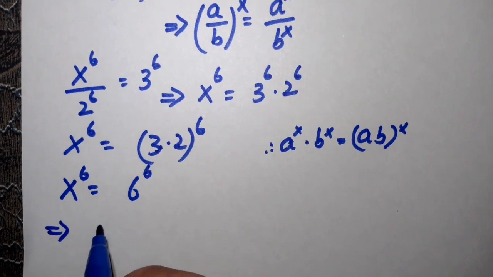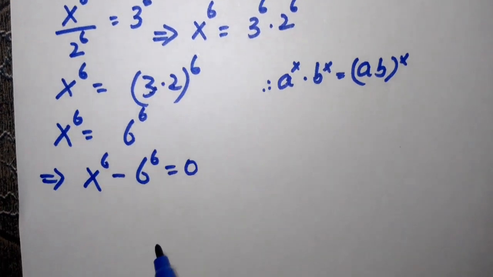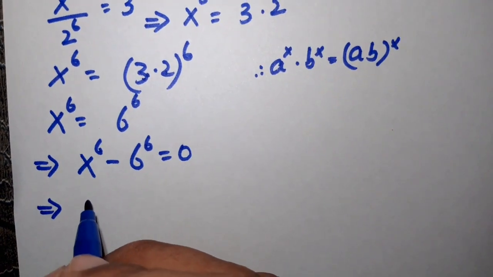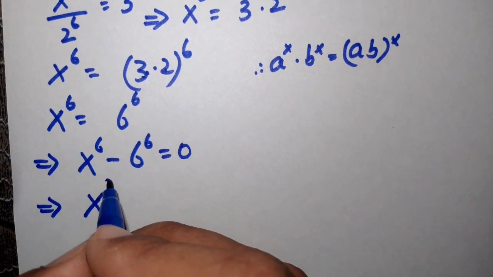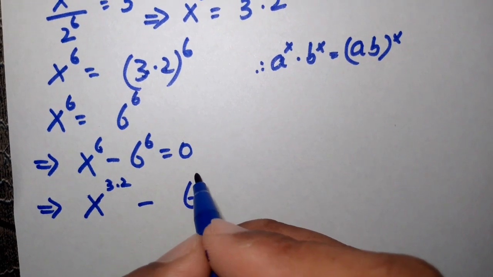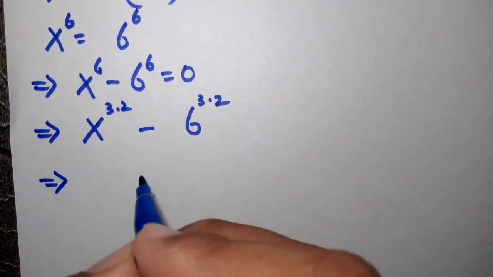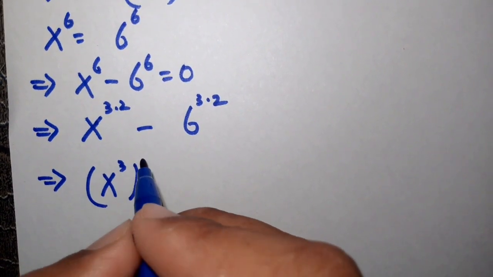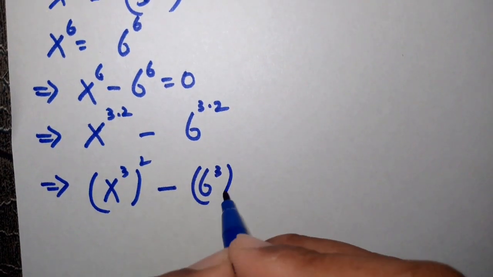And x^6 minus 6^6 is equal to 0. Now we can write it as x to the power of 3 multiplied by 2 minus 6 to the power of 3 multiplied by 2, and we can write it as (x^3)^2 minus (6^3)^2.